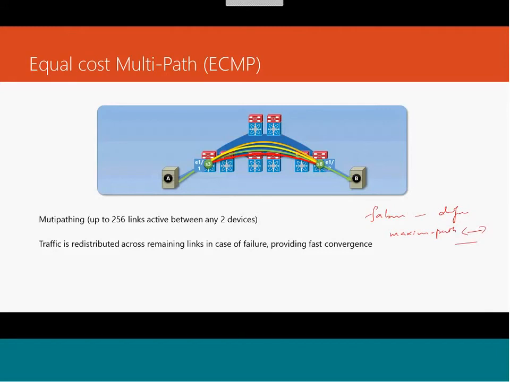Based on your design, you can control the number of multipaths, but otherwise it will do the default multipathing within the core on all the available links. I don't recall off the top of my head if there's a default value for the number of equal-cost multipath links, but it should be 16, I guess. I'll check that and let you know.